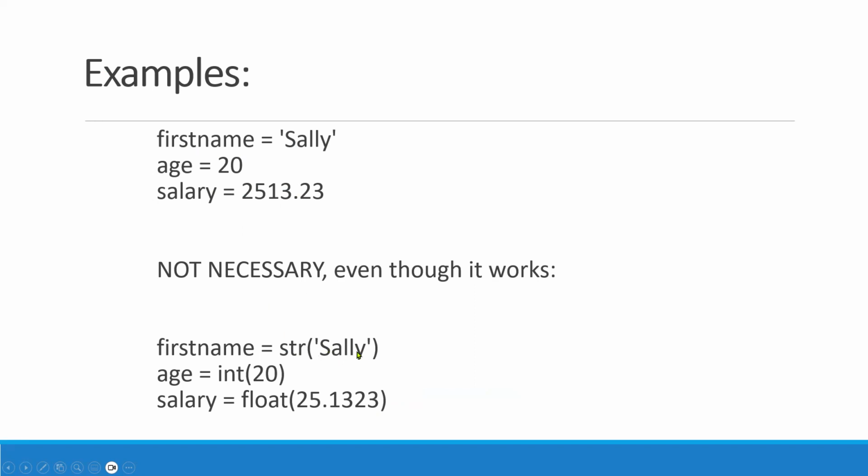Python will not complain about this, but that's just not necessary. And same with the integer number, you don't have to type in int here or float for this value here. Python will automatically know what data types these values are. You don't have to specify what the data type is for each of these values.